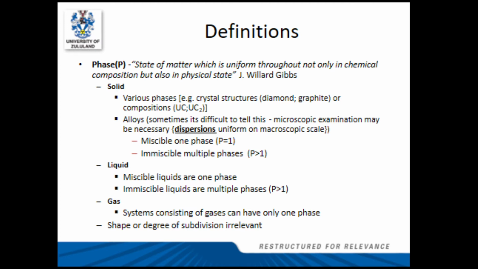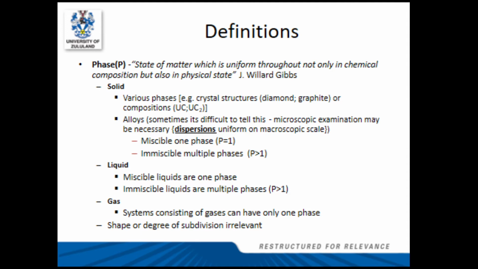A typical example is when one mixes water and oil. They are not going to mix due to the difference in their densities. So when we look at that mixture, we see a portion for water and a portion for oil. In that case, we talk about immiscible liquids.